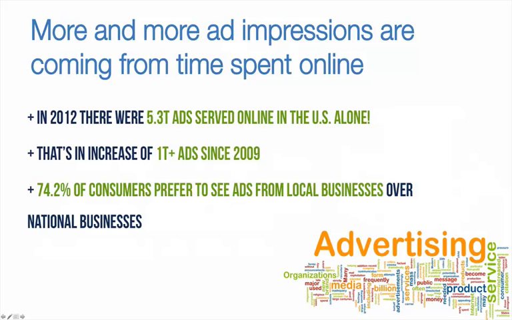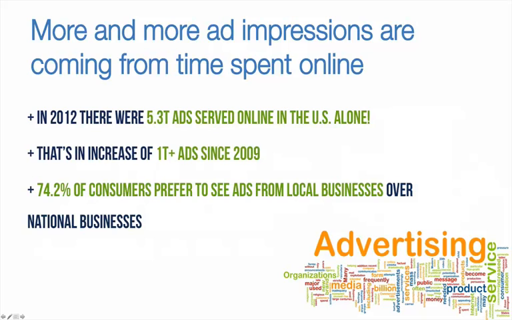So where the advertising used to completely dominate is now shifting. We're seeing a lot of the ad impressions that people receive in their daily lives now happening online or on their digital devices in some way or another.